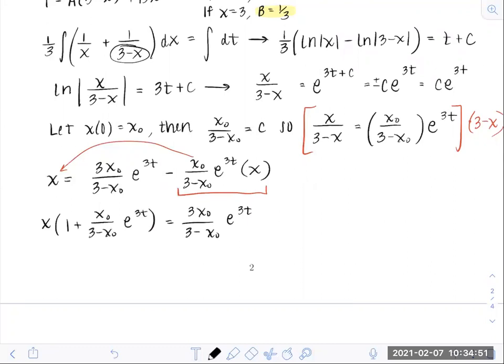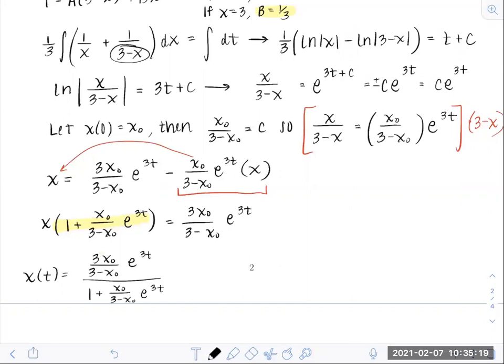And then finally, I can divide through both sides by this expression here in the parentheses. So I conclude that X of t is equal to 3X naught over 3 minus X naught e to the 3t divided by 1 plus X naught over 3 minus X naught e to the 3t.